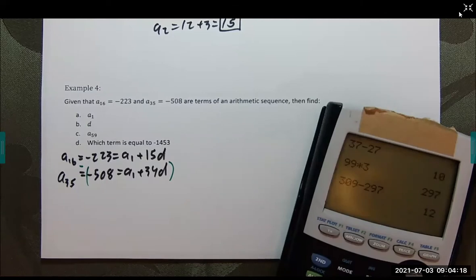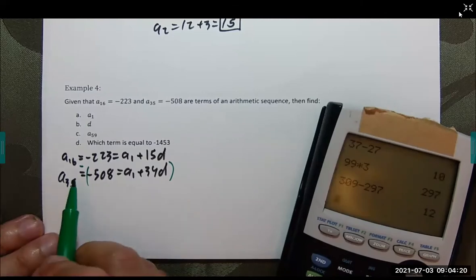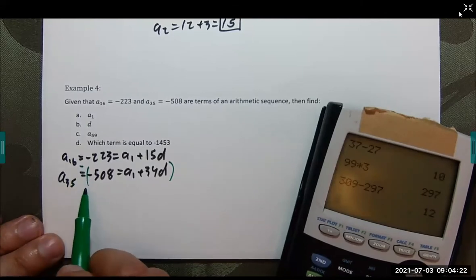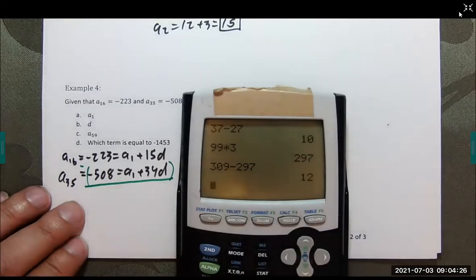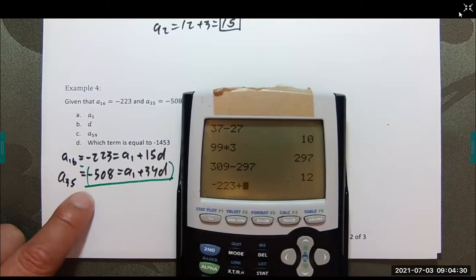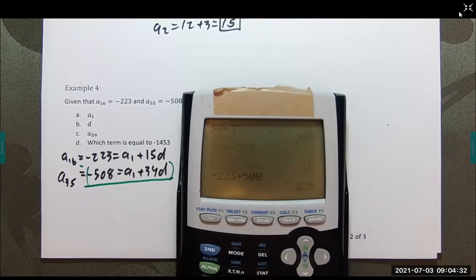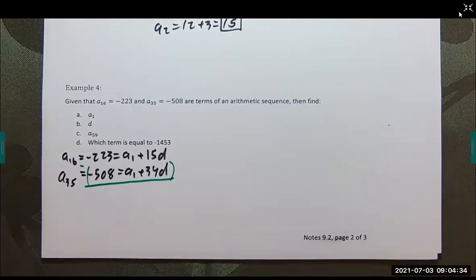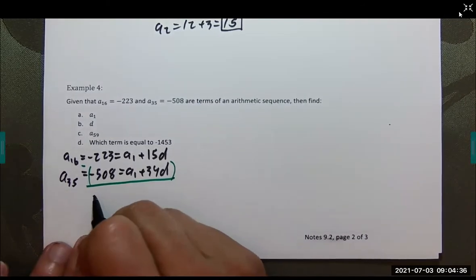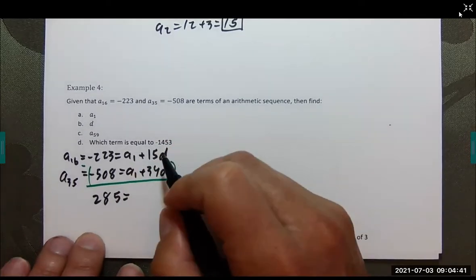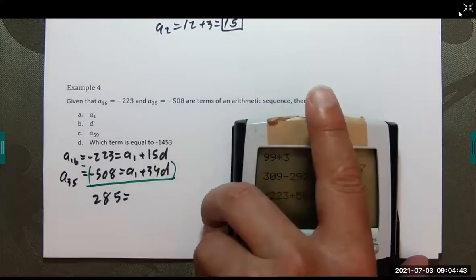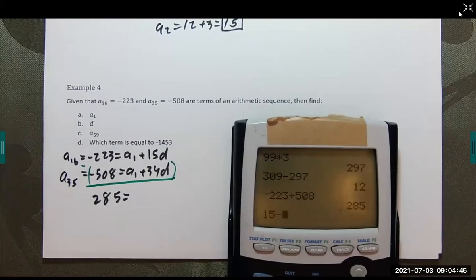We've got to be a little careful here. I'm minus minus here, so just be careful. So negative 223 becomes plus, minus minus, 508. So we have positive 285. A sub 1 minus A sub 1, 0. 15 minus 34, negative 19.